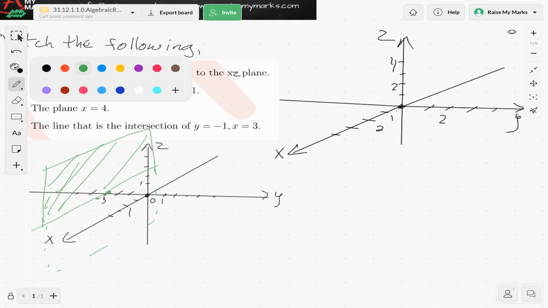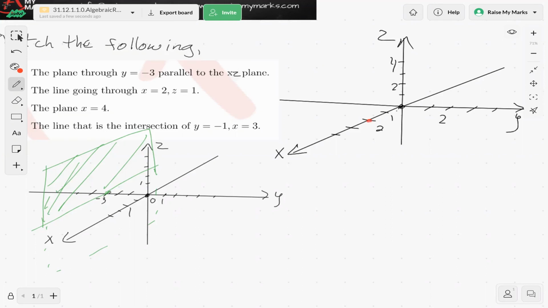Okay, so we need a line that goes through the value x equals 2 and through the value z equals 1, so those two red points. Let's join those two points up. So that's our line. That line lives in the xz plane. Very good. So that's part B.